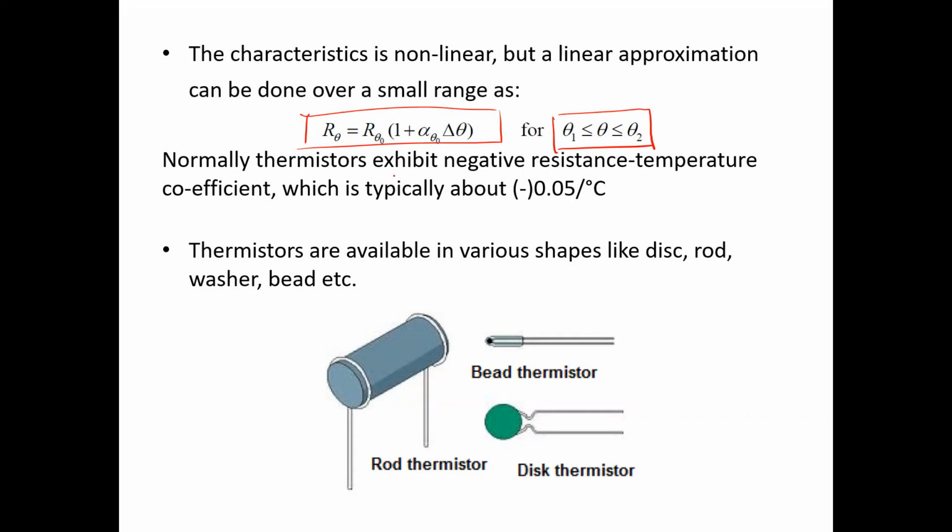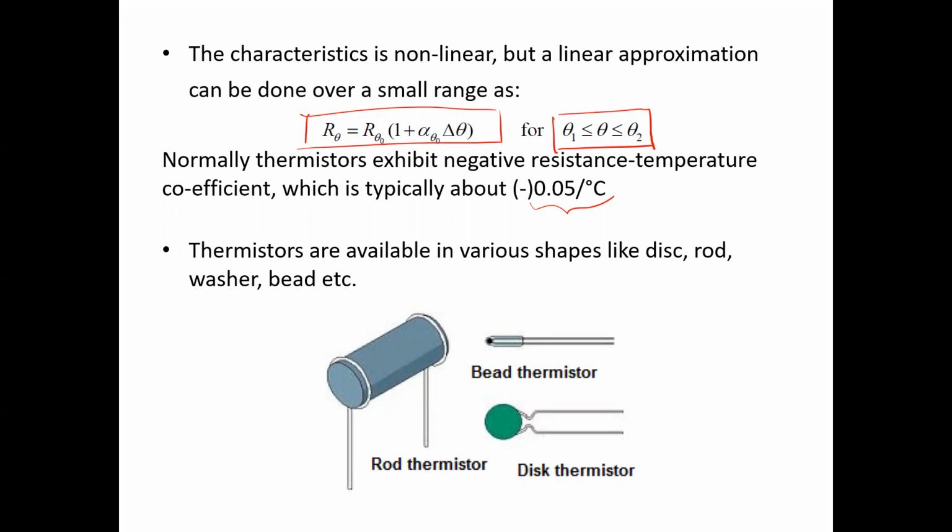And normally for thermistors which have a negative temperature coefficient, the typical value is 0.5 per degree Celsius, although it's a negative quantity. But if you compare it with the temperature coefficient of platinum or nickel or copper, you'll see that its magnitude is relatively higher compared to those materials.